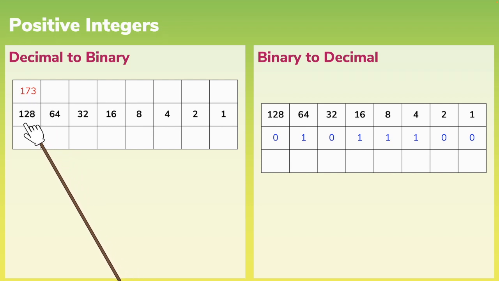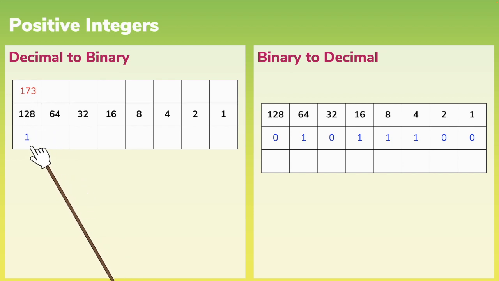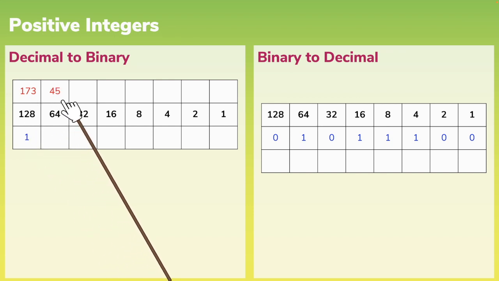So we ask ourselves, does 128 go into 173? The answer is yes, so we write a 1 down and then we write down the remainder, in this case 45. And we ask ourselves again, does 64 go into 45?